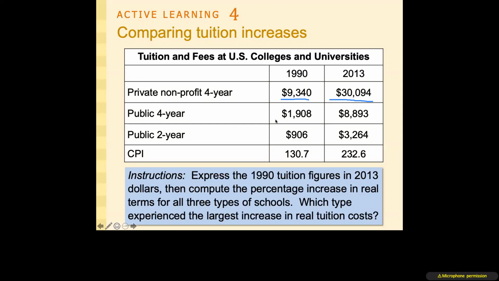Public schools were about $1,908, and now we're talking about $8,893. A public two-year community college was $906, and now we're at $3,264. Okay, so now you say, oh, it's all just inflation.